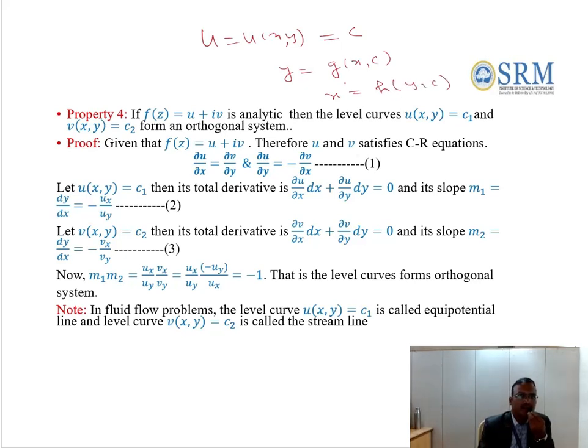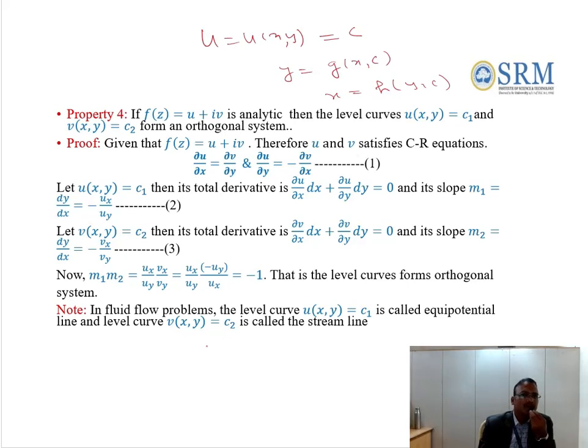Either way we get one curve, that's why we call this a level curve. So if f of z is analytic, then the level curves u of x comma y equal to c1 and v of x comma y equal to c2 form an orthogonal system. That means they meet perpendicularly.